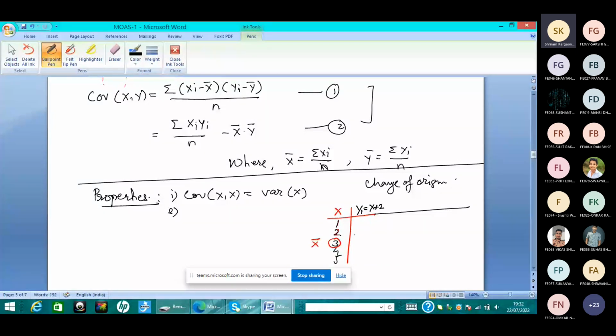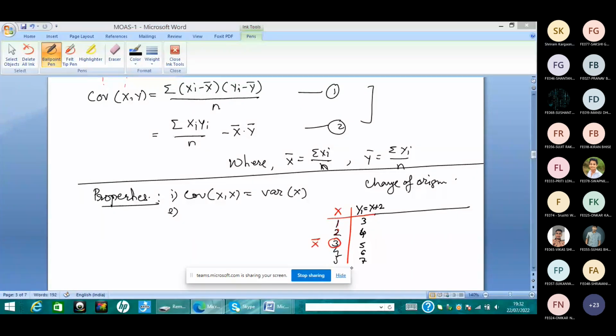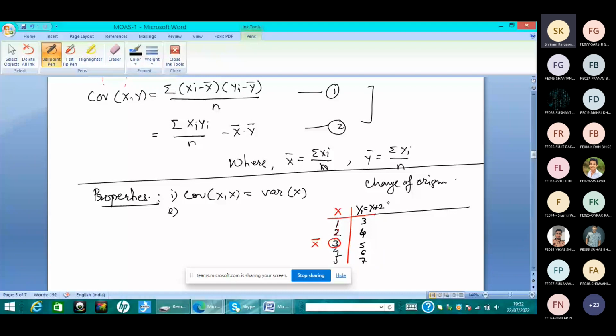The new values I will get are 3, 4, 5, 6, 7. So this is change of origin. One more form: if I subtract 1 from each observation, I will get 0, 1, 2, 3, and 4. This is also change of origin. I am changing the origin by adding or subtracting.